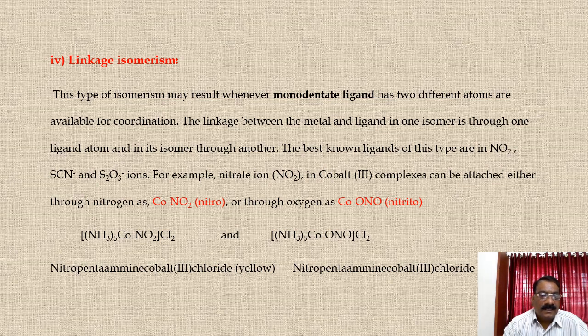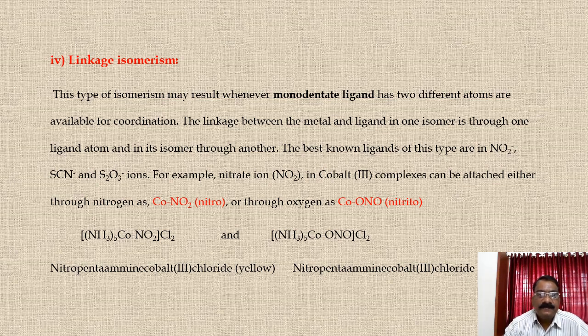See, [Co(NH3)5NO2]Cl2 and [Co(NH3)5ONO]Cl2. Here the only difference is how the NO2 ligand is attached to the metal atom cobalt. In the first complex it is attached through nitrogen and in the second through oxygen. Thus these two complexes are isomers of each other.